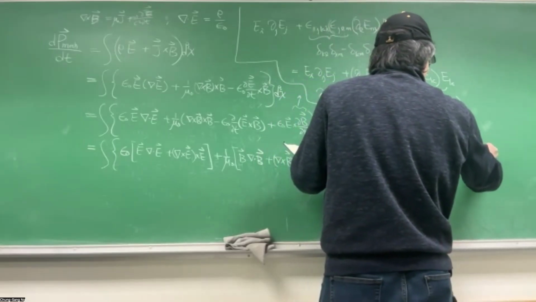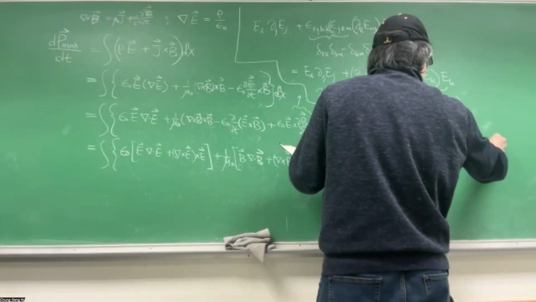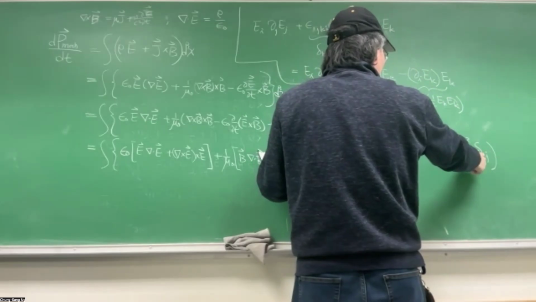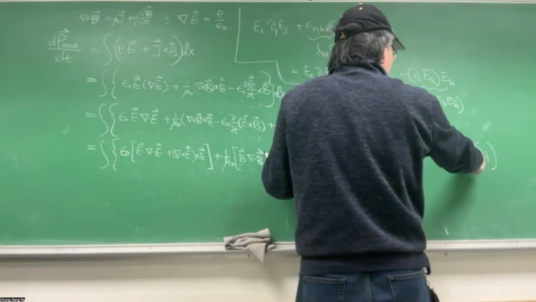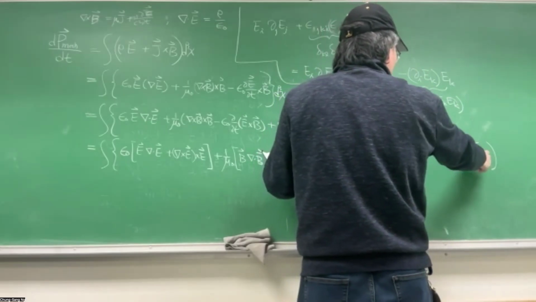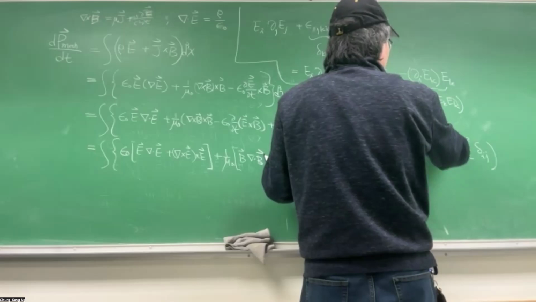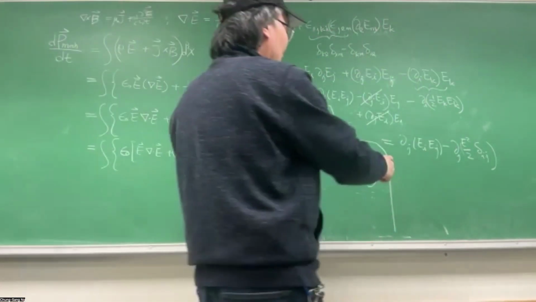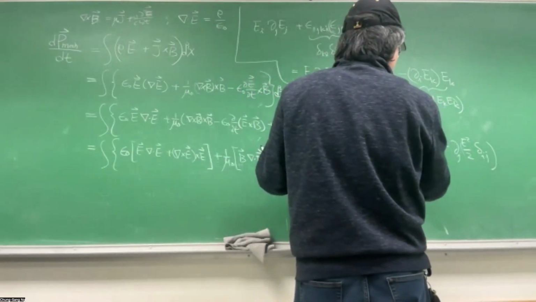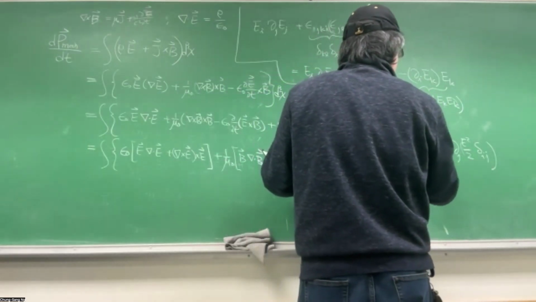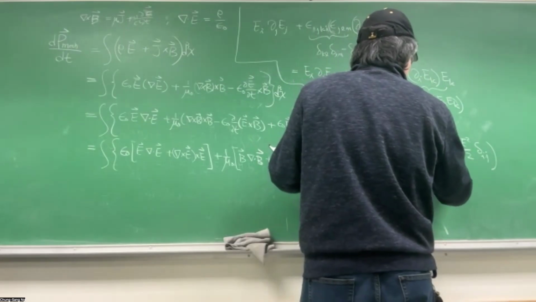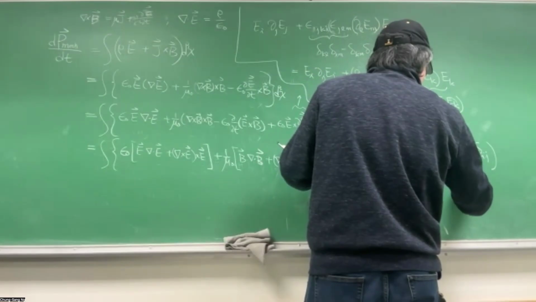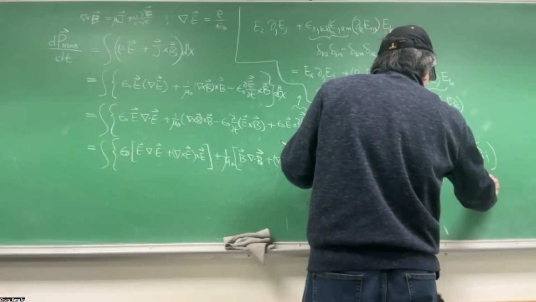Now this tensor is simply the Kronecker delta_ij. Because this is partial j, if the delta_ij becomes partial i, it's just the same as this one. Now both are in the same form, so you can combine them: partial j of E_i E_j minus E squared over 2 delta_ij.